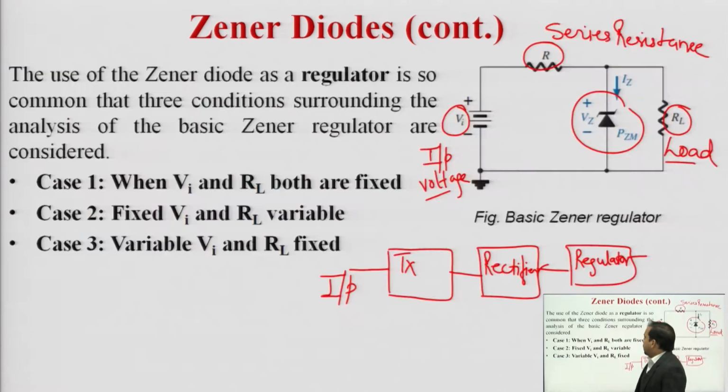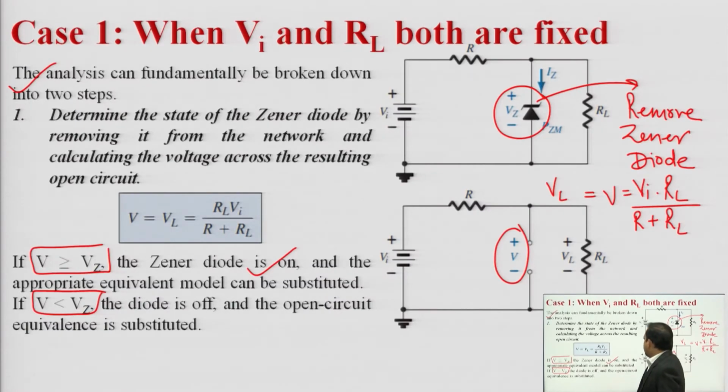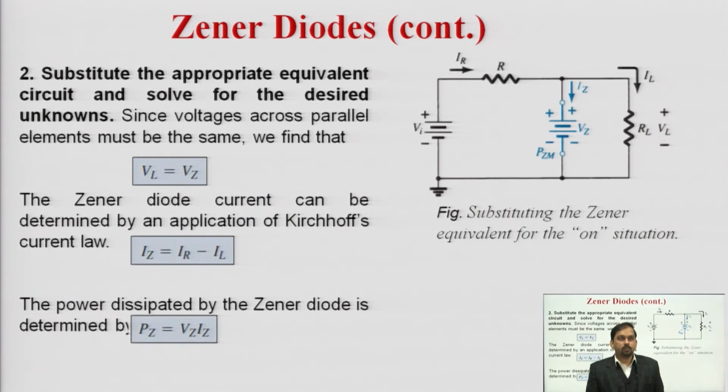Current is 0, that signifies that the circuit is open. So, we can say that the circuit is open and our analysis will follow in that manner.